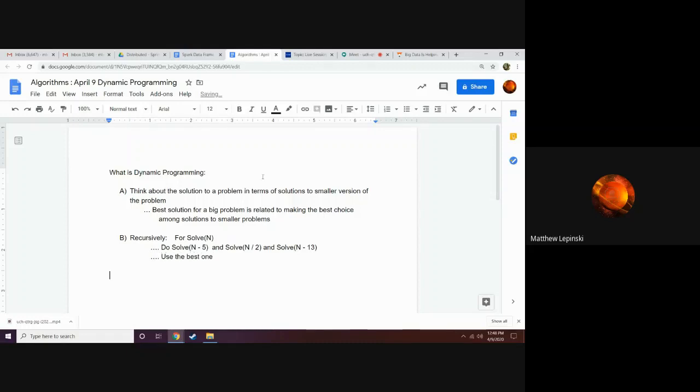Okay, so this is the structure of what problems work with dynamic programming.